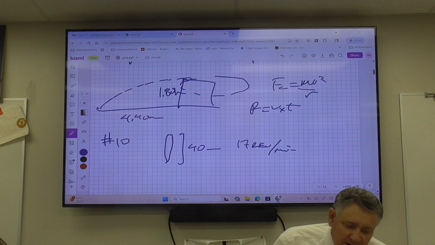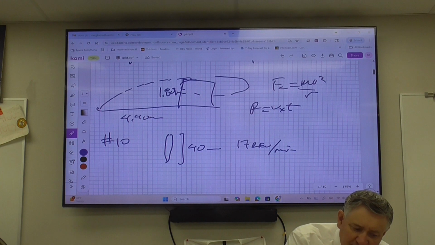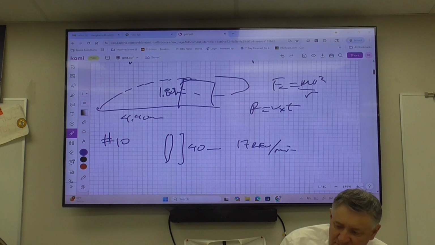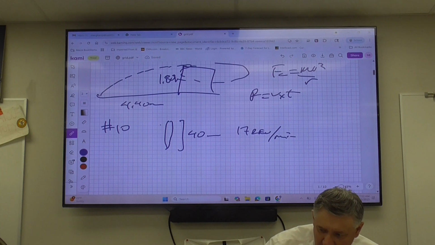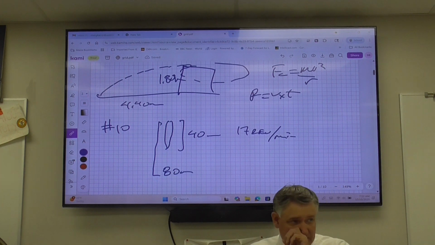And you're told that the ones offshore are twice as long, so those are going to be 80 meters long.